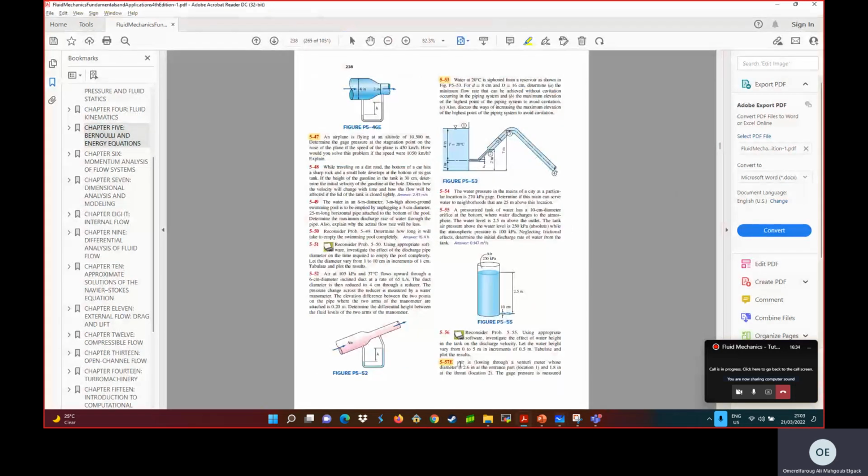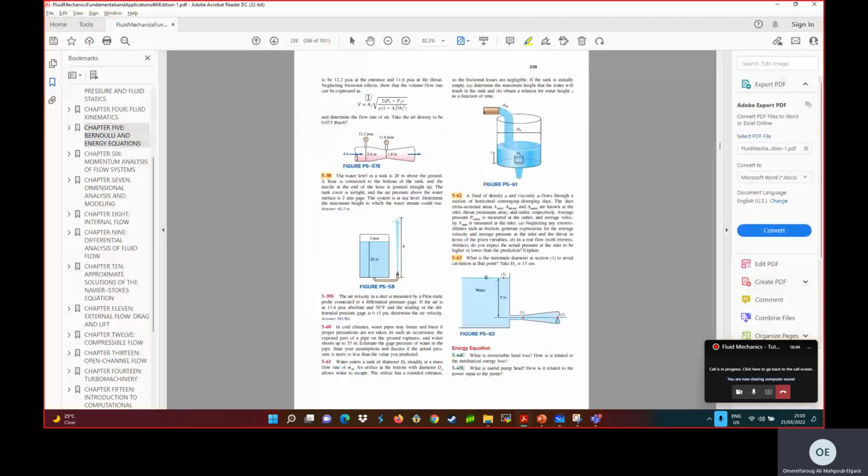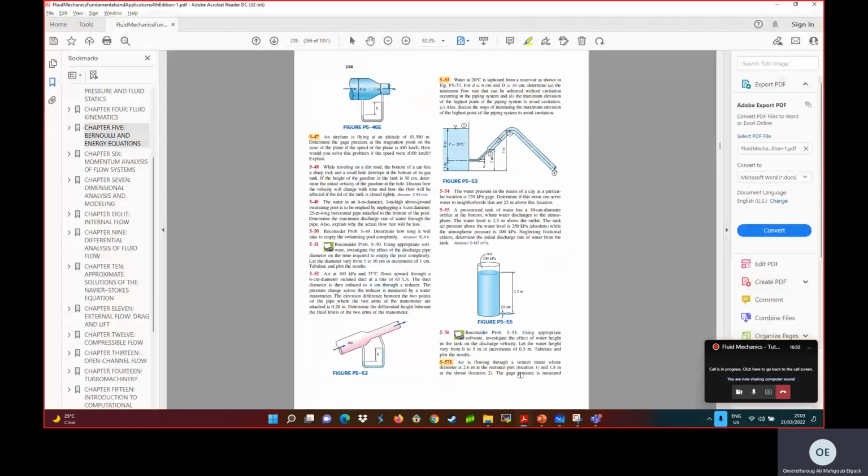Okay, check this one. You have air flowing through a venturi meter whose diameter is 2.6 inch at the entrance part, location 1 here. And at location 2 he also gave you the diameter.